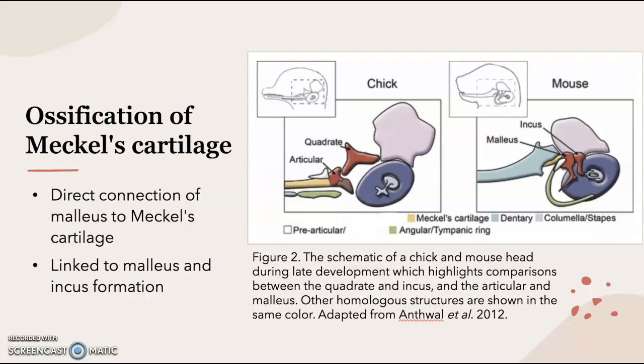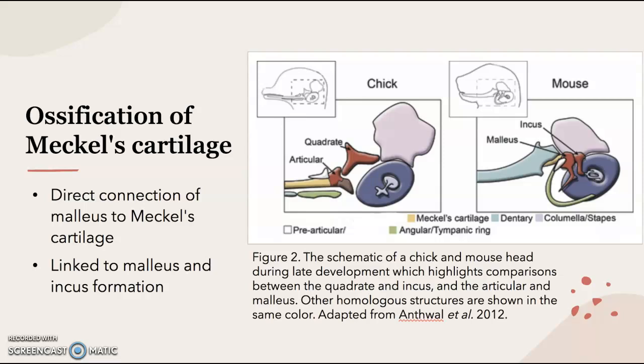So as I mentioned, Meckel's cartilage will undergo a breakdown, which then will lead to an ossification. This breakdown occurs at different times depending on the mammalian species, which researchers have found throughout studies of embryonic development and after they have been born.